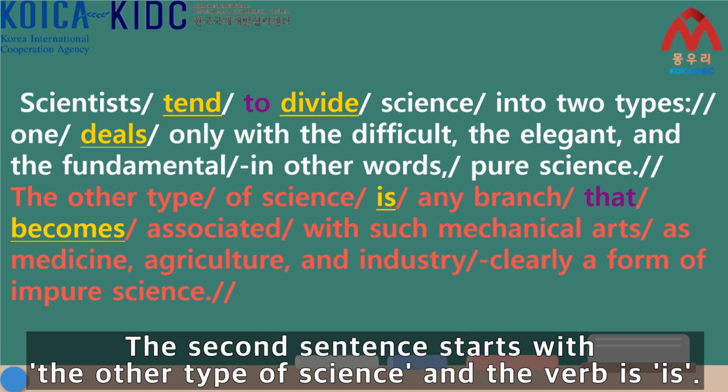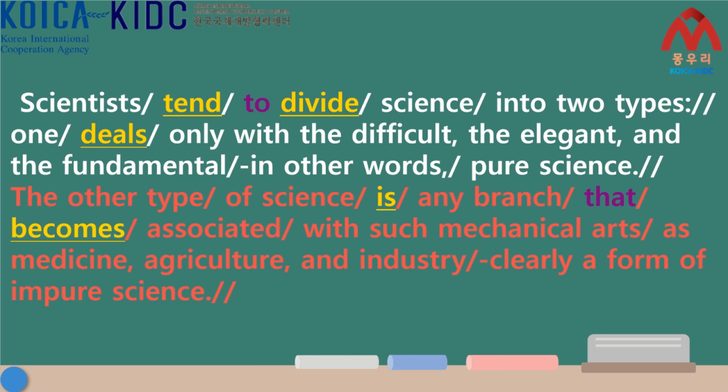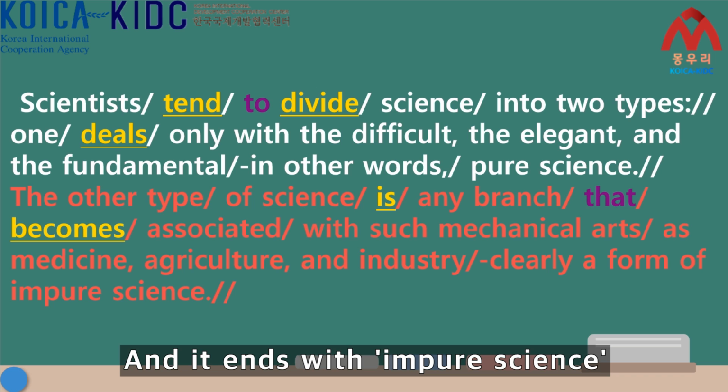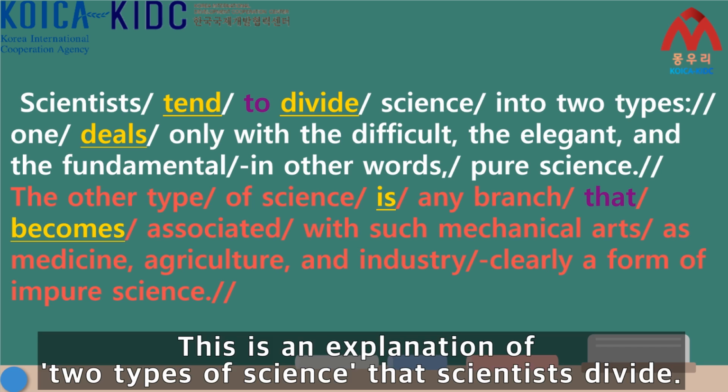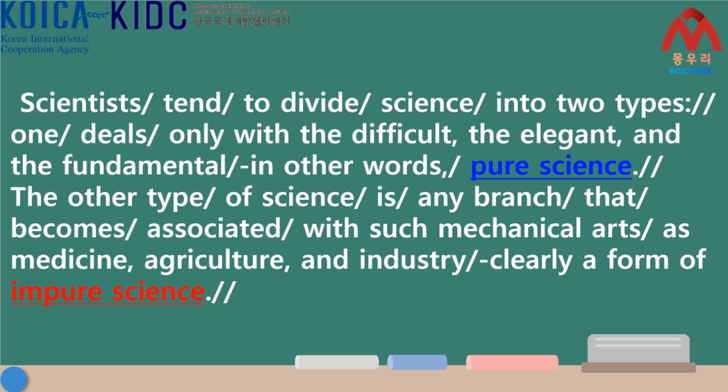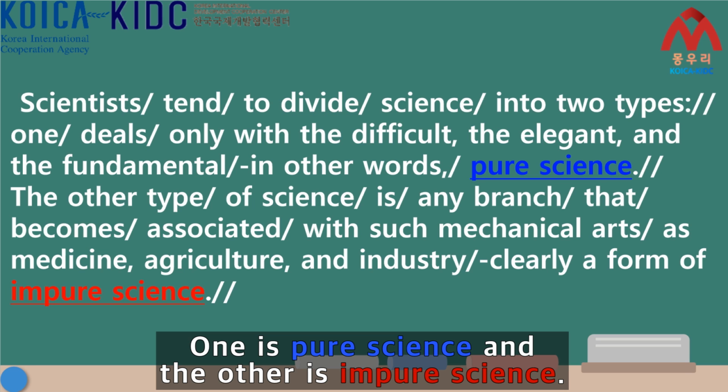The second sentence starts with the other type of science, and the verb is, omit that clause, and it ends with impure science. Can you guess? This is an explanation of two types of science that scientists divide. One is pure science, and the other is impure science.